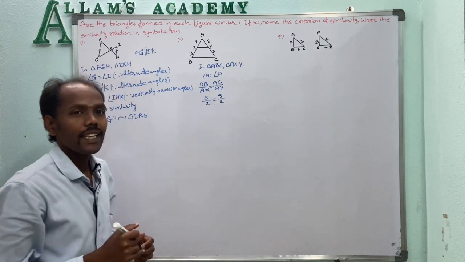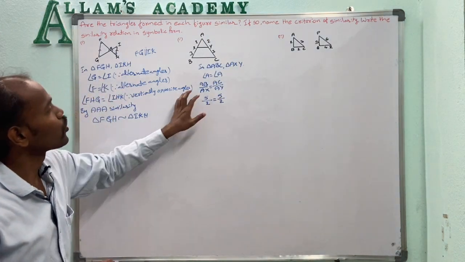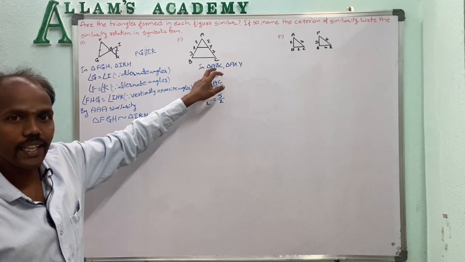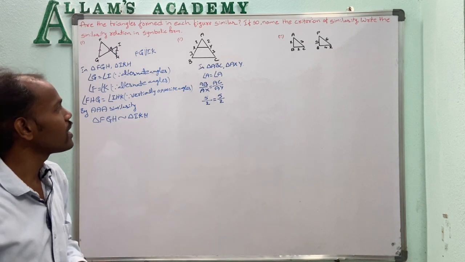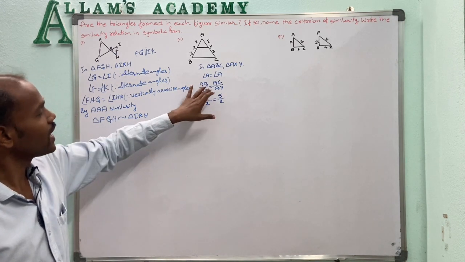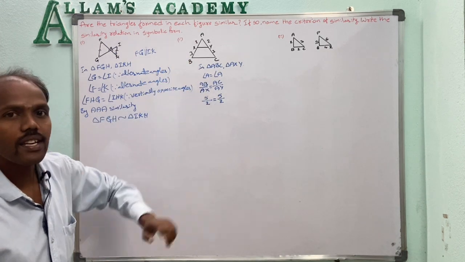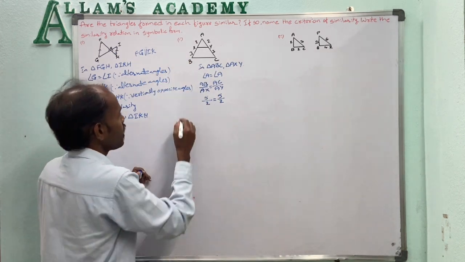So here the ratios of the corresponding sides, AB by AX and AC by AY, are equal. So one angle and two sides' ratios are the same.